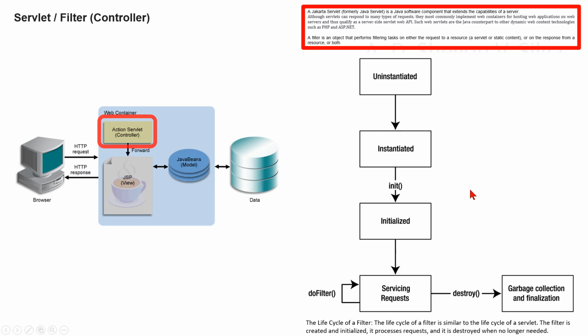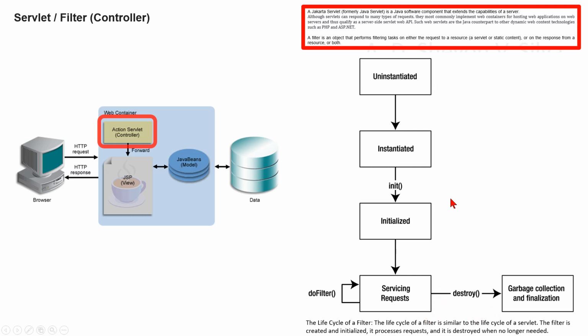Now here we are considering a filter. This figure illustrates the lifecycle of a filter by using a block diagram to represent states that the filter can be in. As you can see, the filter lifecycle is almost identical to that of the servlet lifecycle. The 4 stages of the filter lifecycle: instantiation, initialization, filter execution, and destruction.